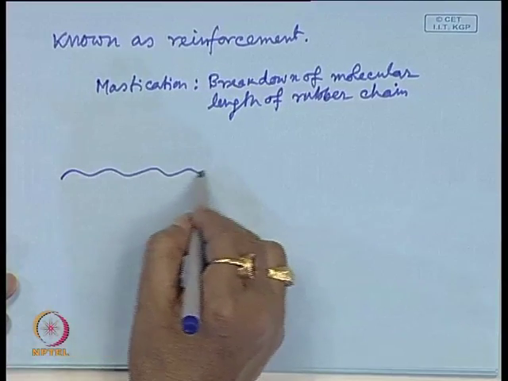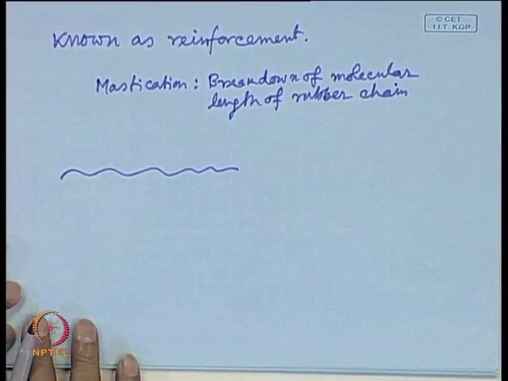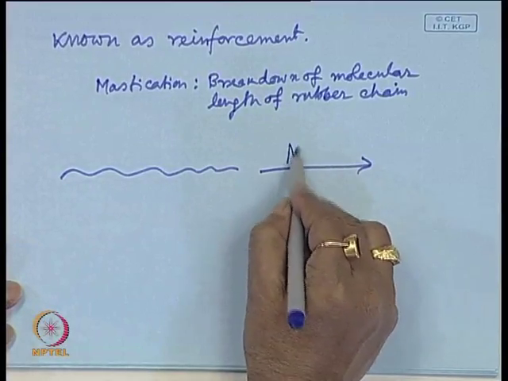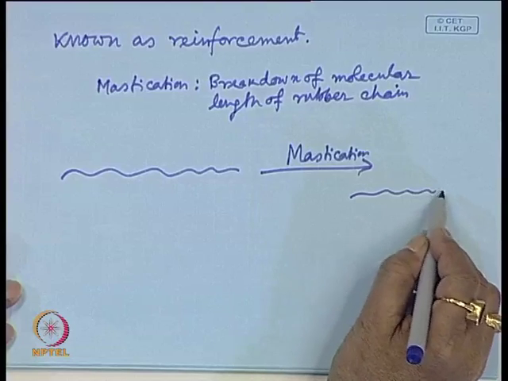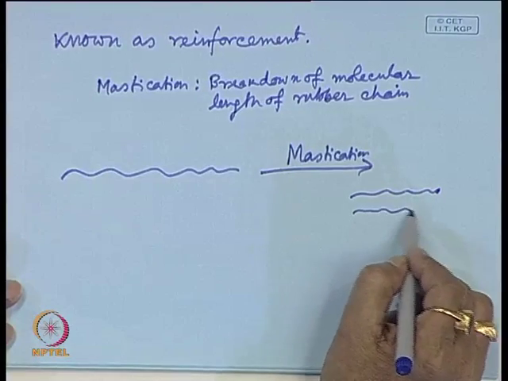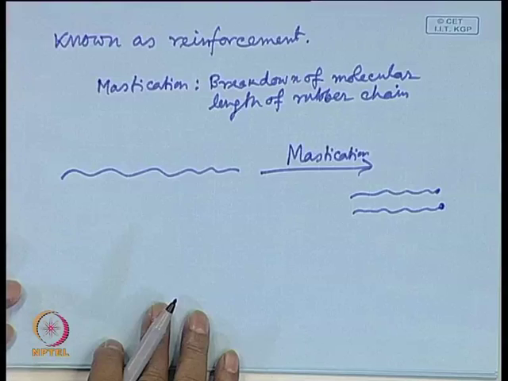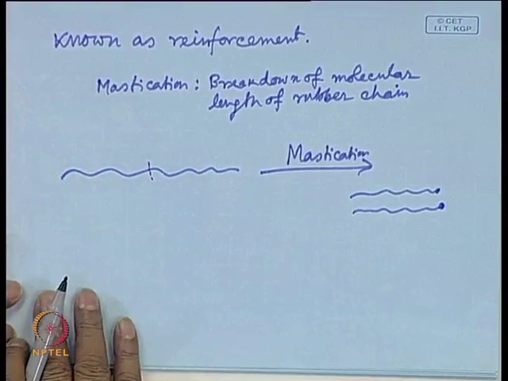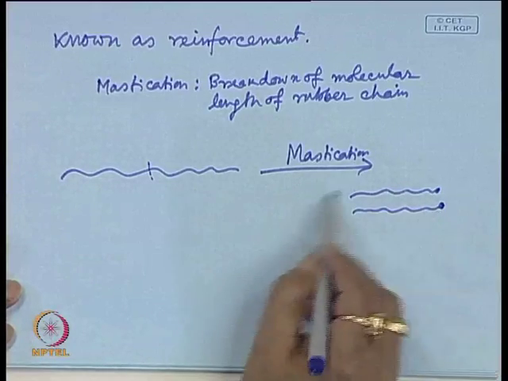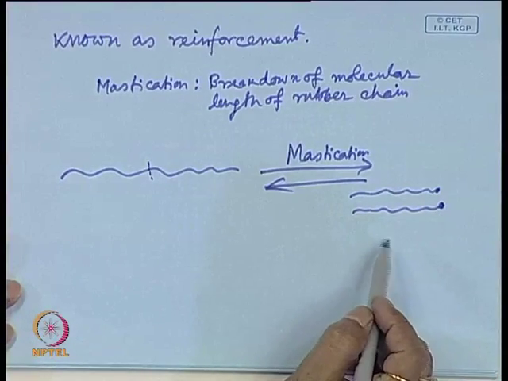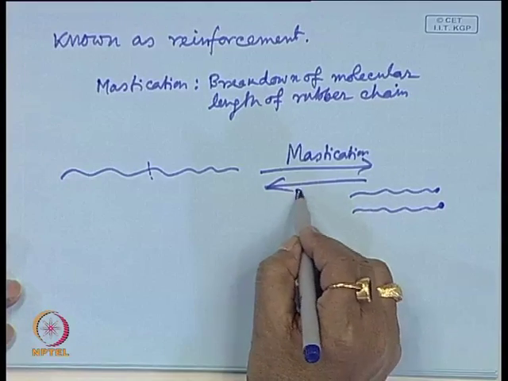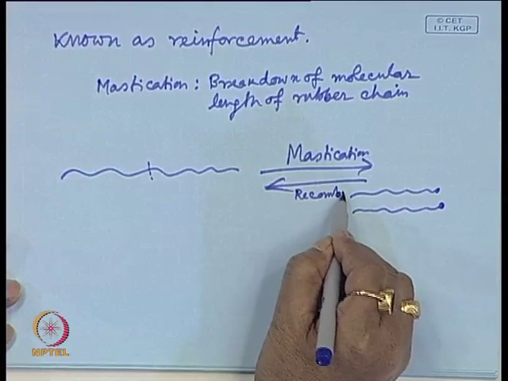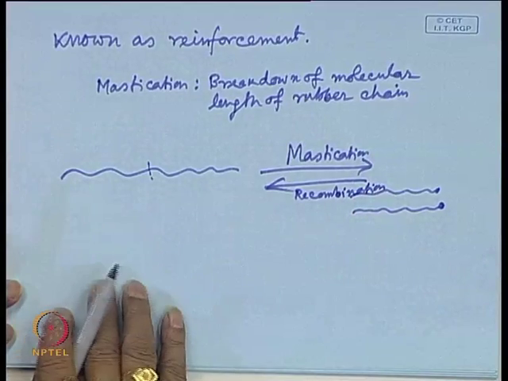Say suppose this is the length of a rubber chain, under mastication it will form two parts after breakdown by tearing, a simple tearing by shear force here. So, two free radicals are generated. Now, this is a reversible process. They can recombine again, mastication and recombination.